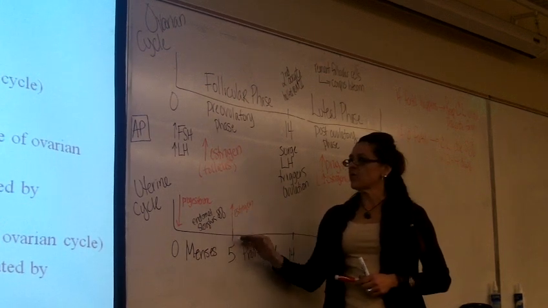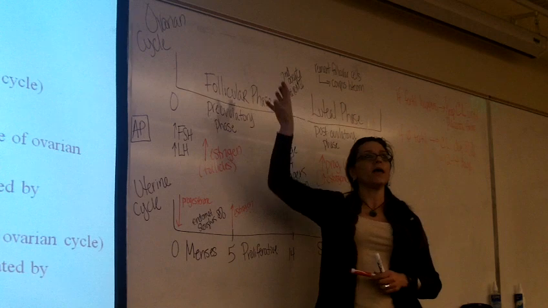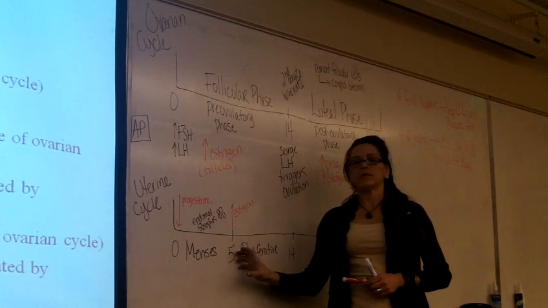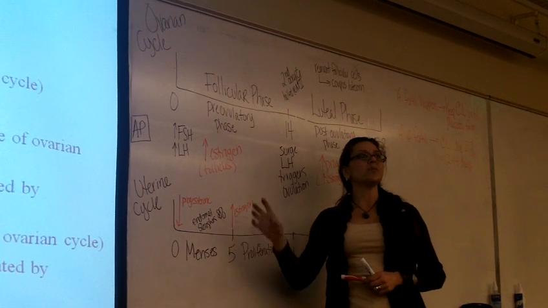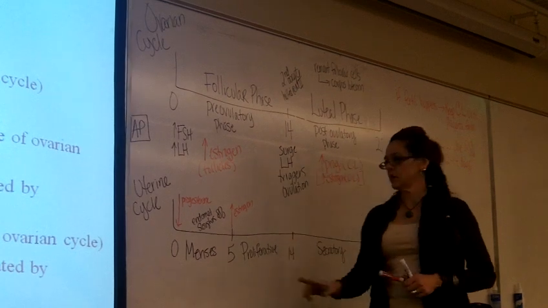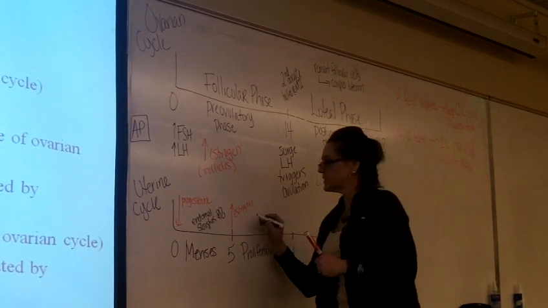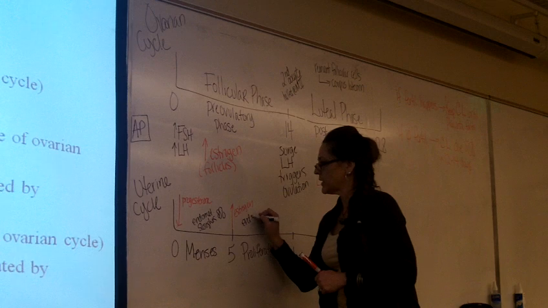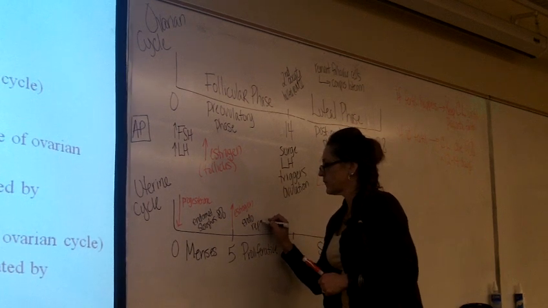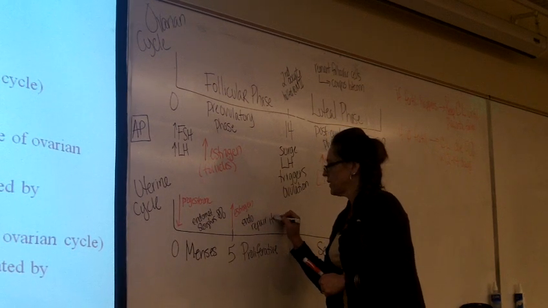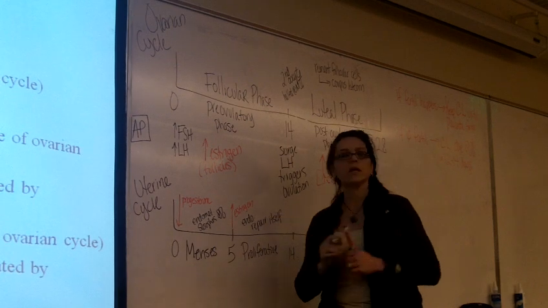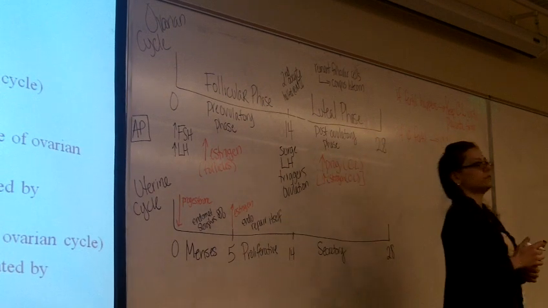So right around day 5, those estrogen levels are high enough for them to tell the uterus, hey, start building up that endometrium again. So the proliferative phase is the endometrium is repairing itself. That means the cells are dividing, it's starting to get thicker.